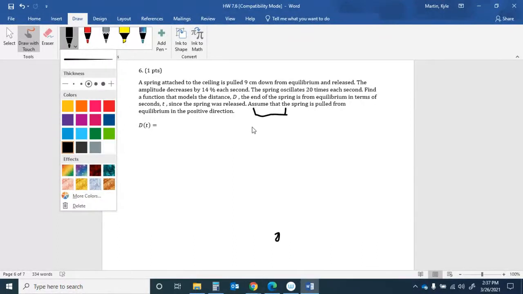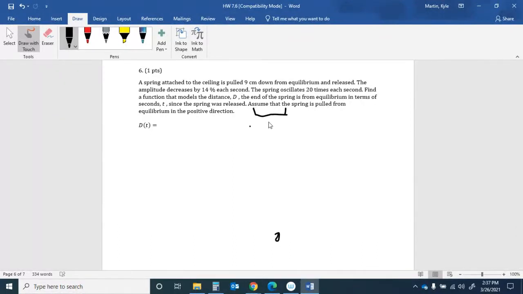All right. A spring attached to the ceiling is pulled 9 centimeters down from equilibrium. So we got this little weight, and it's just hanging there. It's calm, at equilibrium, at a state of rest. And then it's pulled down 9 centimeters and released.